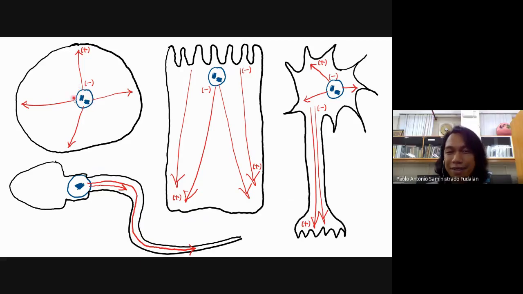Just to be clear, the position of the structures is not really related to the position of the nucleus, okay? But thanks for trying. Although they look like they're near the nucleus, they're not associated with the position of the nucleus. So thank you for trying. What are these?